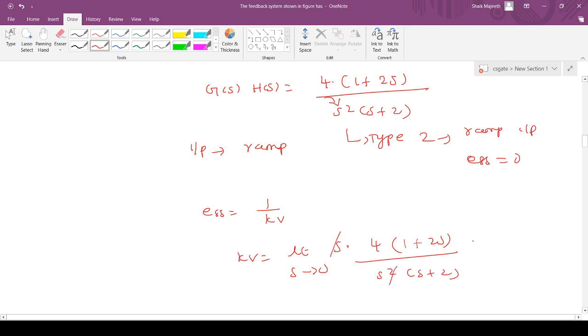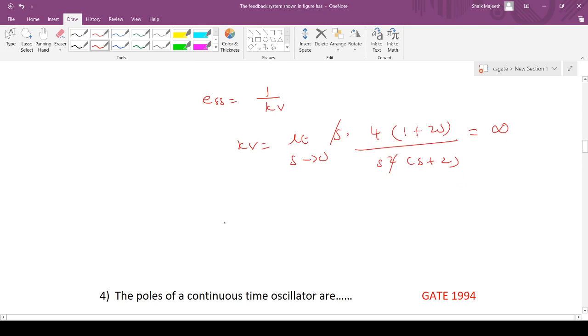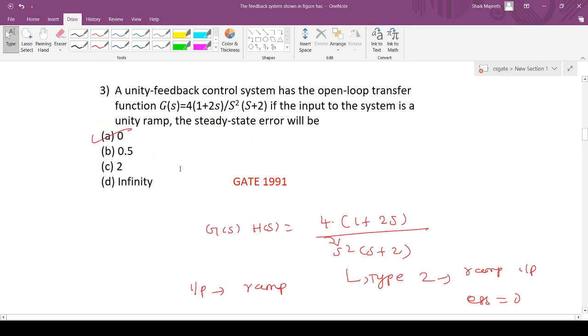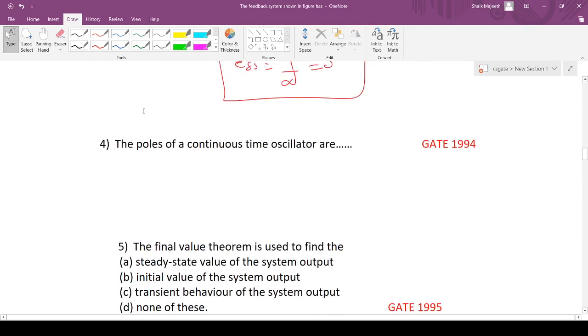The s cancels. When you substitute s equal to 0, what you get is infinity. So Kv is infinity, and ESS is 1 by infinity, which is 0. So this is the procedure, but don't waste time. By seeing the question itself, we can say it is type 2. For a type 2 system, for unit ramp, steady state error is 0 only. Directly you can answer. Okay.